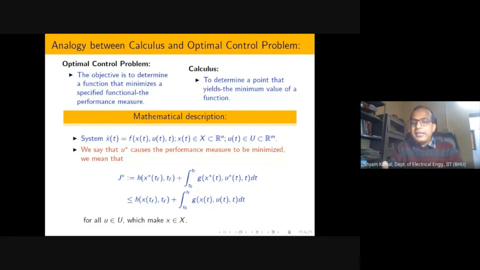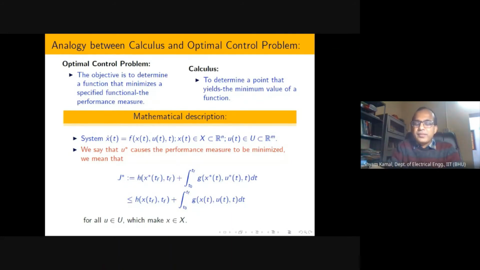If x star and u star are the optimal ones, then you can select any other combination of x(t) and u(t) that will satisfy this kind of relation. Then only can I say that x star and u star are optimal in the sense of this performance measure. Have you understood this point or not?